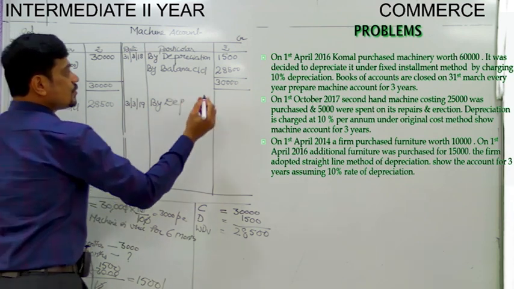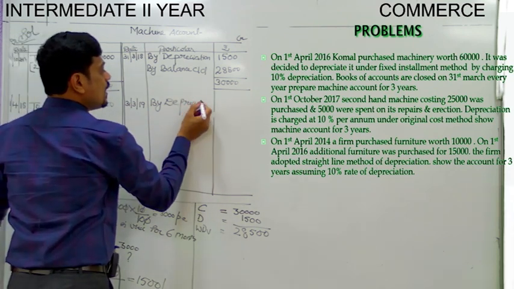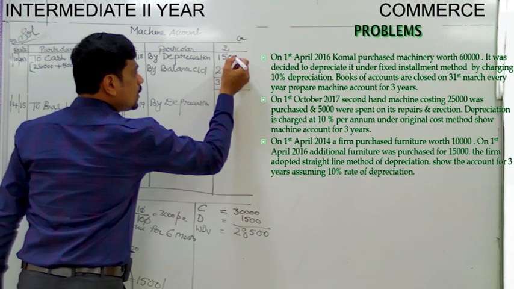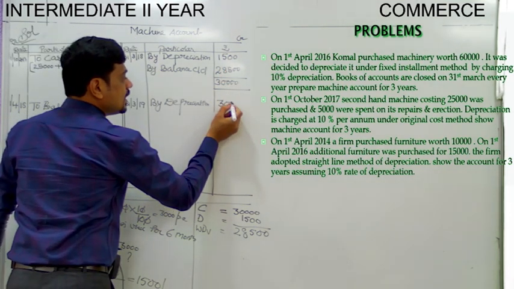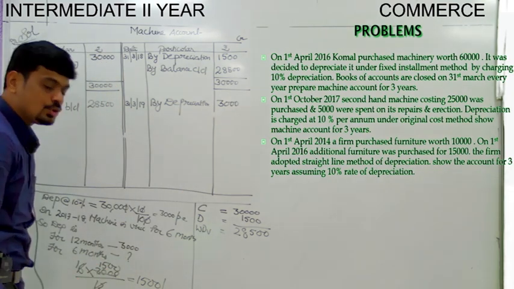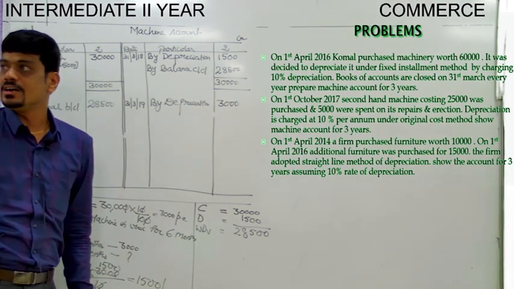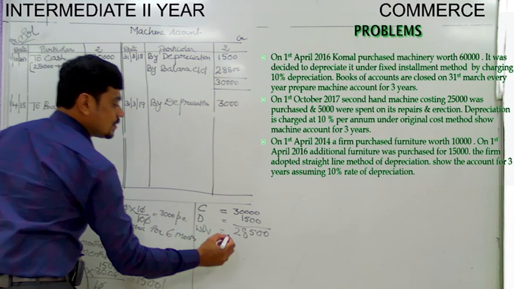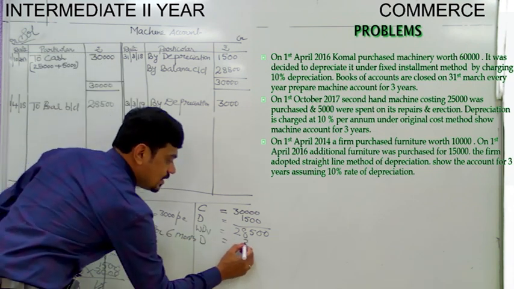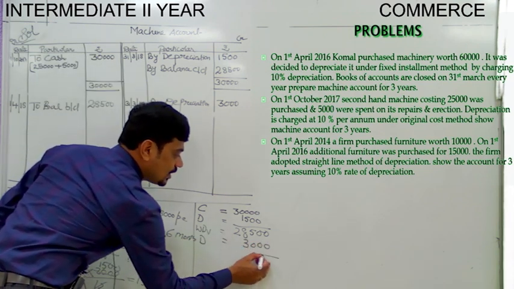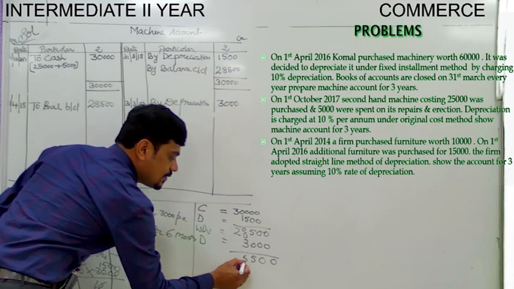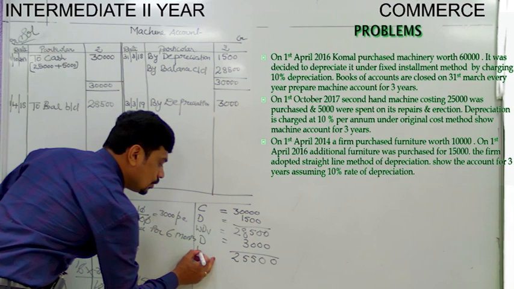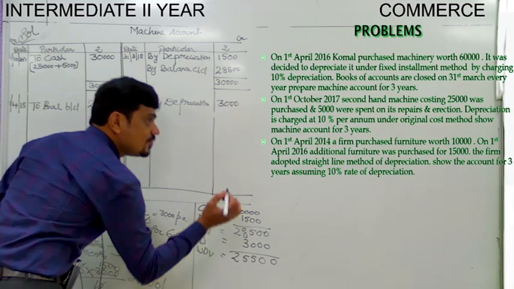How much am I supposed to charge? Not 1,500. I'll charge 3,000, because I am going to use the asset for the full year. So again balance: depreciation minus 3,000. If I subtract 3,000, 8 minus 3 is 5, and 2.